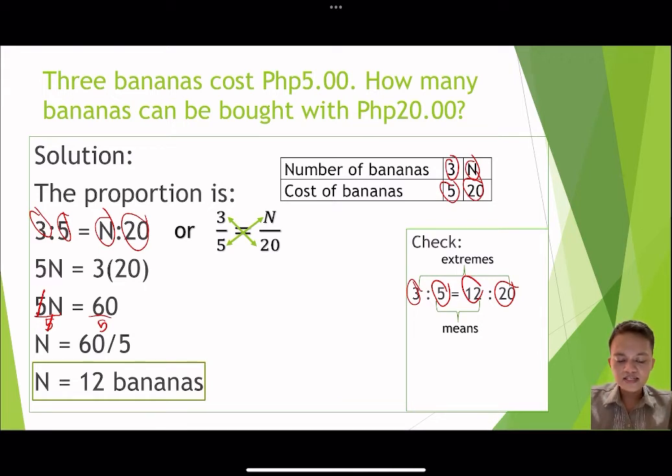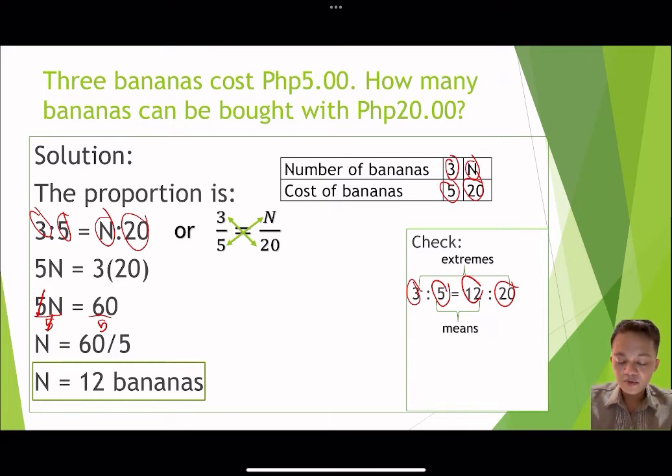The proportion is 12 is to 75 pesos equals 24 is to n, kung magkano. Next, the fraction is 12 over 75 equals 24 over n. Then, cross multiply. 12 times n equals 24 times 75.